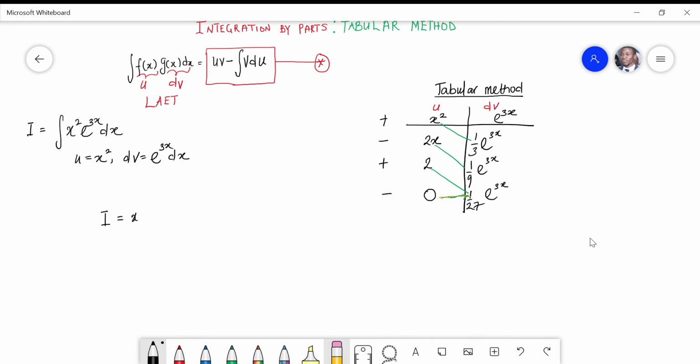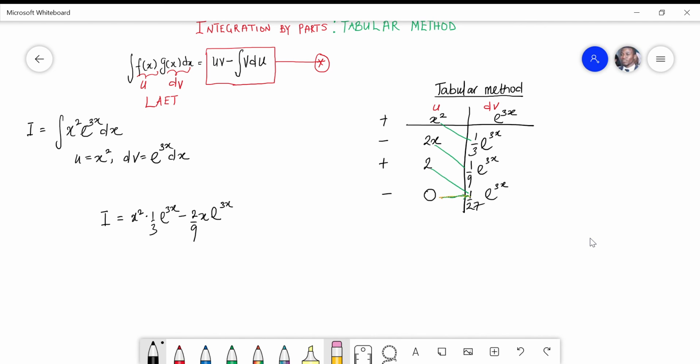So x squared dot 1/3. So the next one is negative, right? So you're having this guy marrying this guy, right? So it becomes negative 2 over 9 x e^3x.